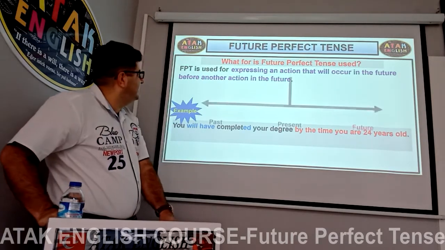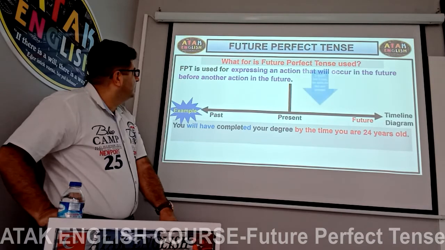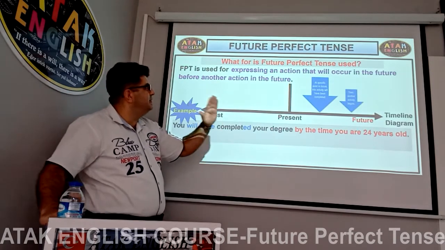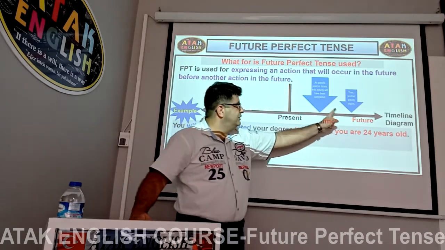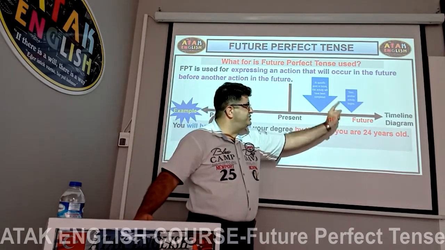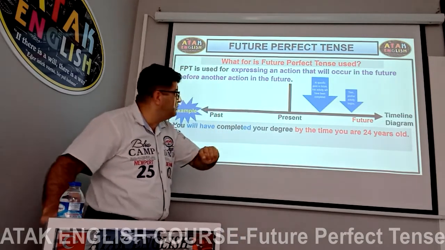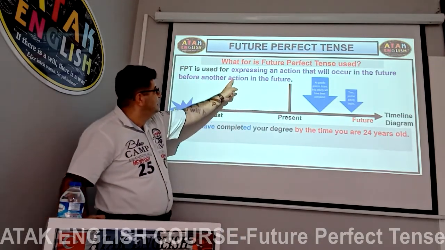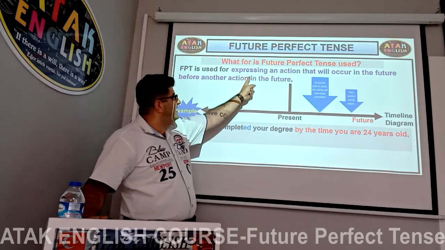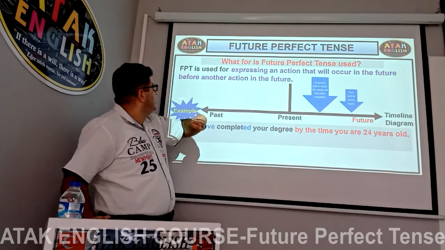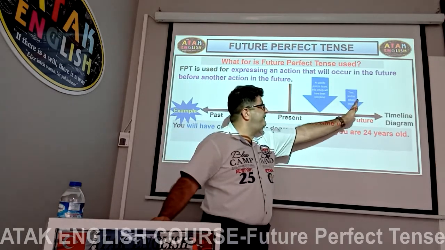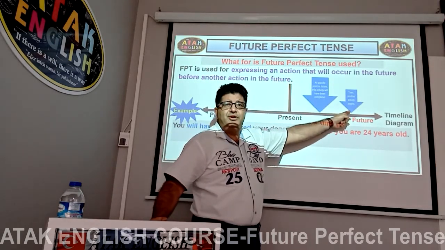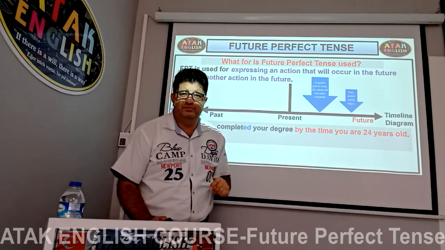Let's see it on the timeline. Here come two actions in the future. One action, another action in the future. Okay, what does our definition say about future perfect? It is used for expressing an action that will occur in the future before another action in the future.